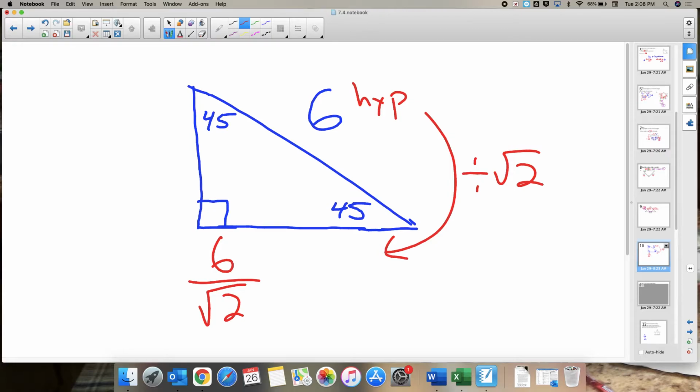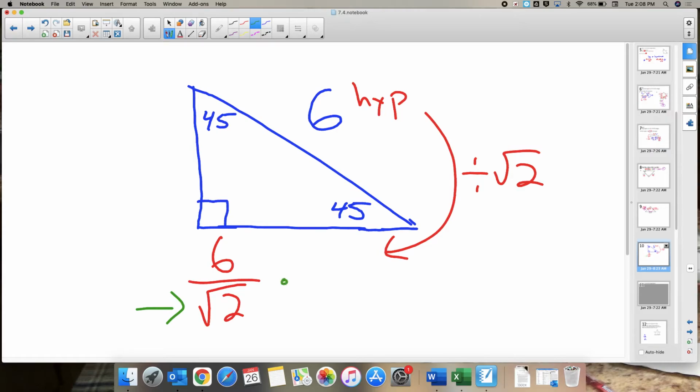For reasons you'll get into in Algebra 2, I am not allowed to leave a radical or a square root symbol in the denominator of a fraction. It creates all these errors in what I'm trying to do. You'll get into that in Algebra 2. But for now, what you need to know is I'm not allowed to leave that square root down there. So there is a way to get rid of it.